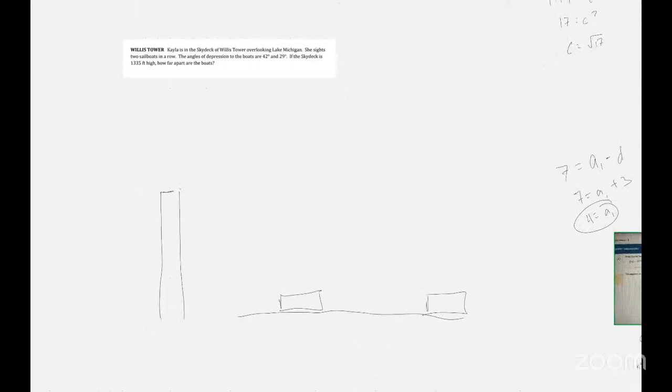So she sees this one and she sees that one. So one of them's 29 degrees and the other one is 42 degrees.